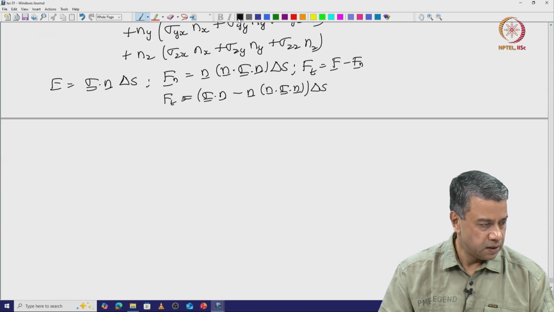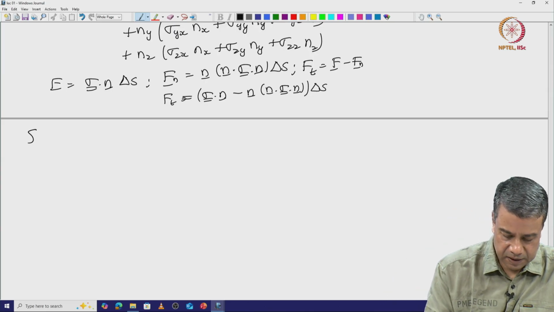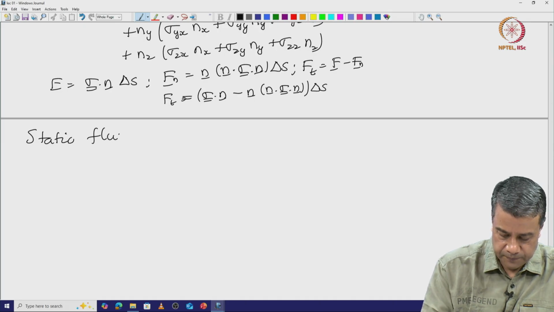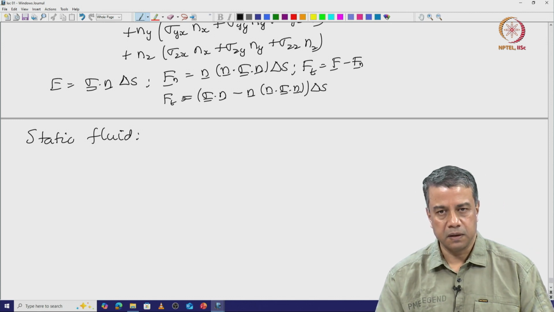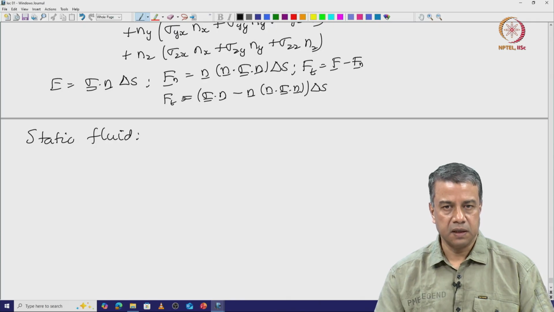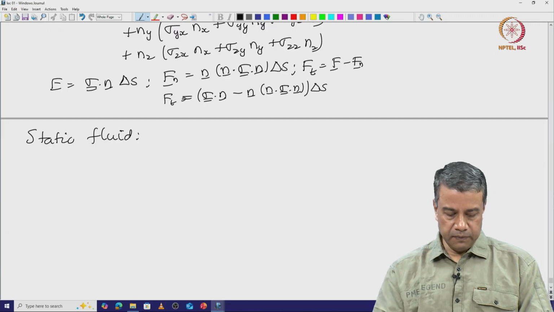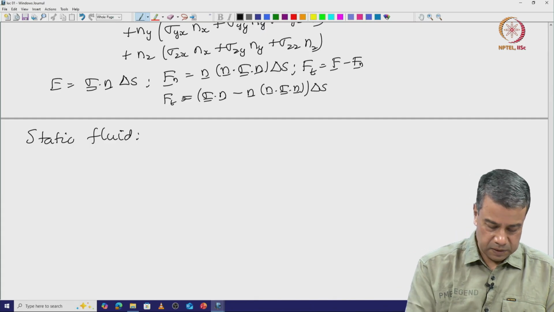Now let us consider what happens for the special case of a static fluid. If a fluid is stationary, if there is no velocity, in that case as well the stress tensor can be in general non-zero, because the static fluid has pressure.